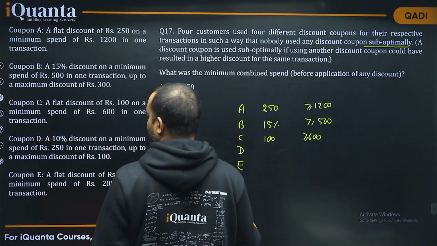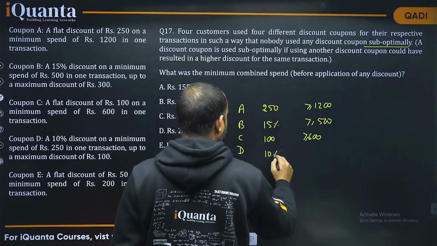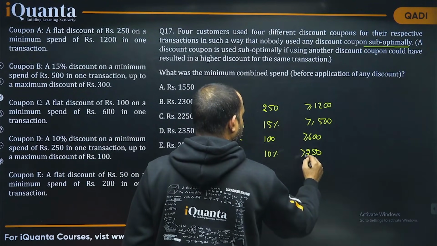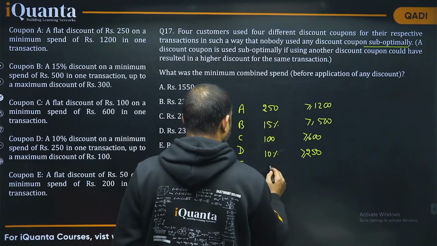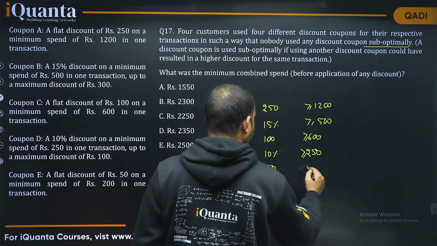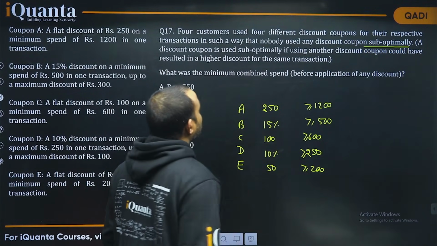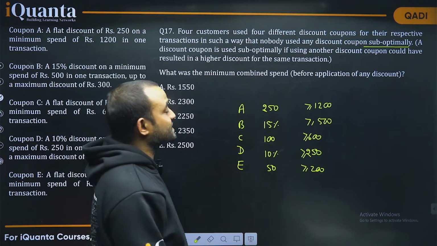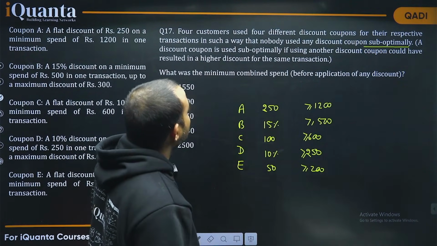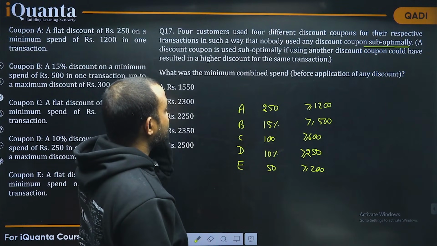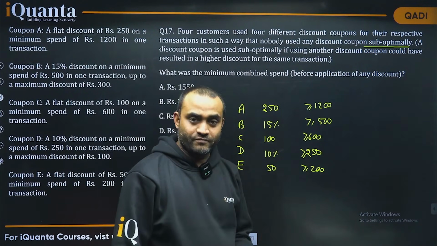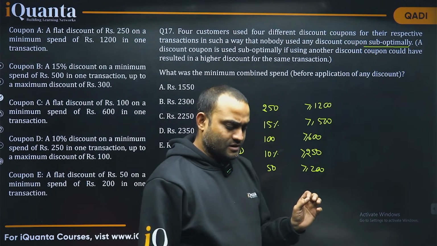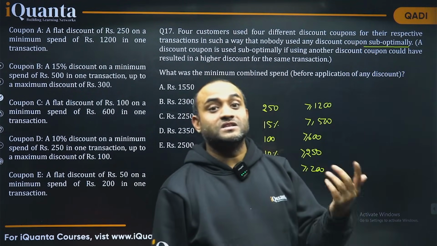In case of D, 10% discount, in case of greater than equal to 250, and then E, 50 rupees in case of greater than equal to 200. Now it says used 4 different discount coupons for their respective transactions such that nobody used any discount coupons suboptimally. So basically we need to check which of these discounts is suboptimal with respect to some other discount.